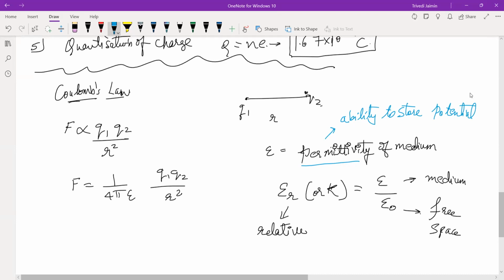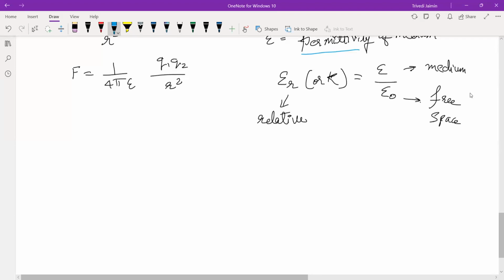So epsilon naught is for free space. Its constant value is epsilon naught equals 8.85 into 10 to the power minus 12 Coulomb square Newton inverse meter square, or you can say C by Nm.